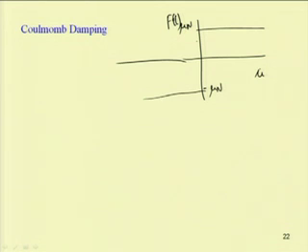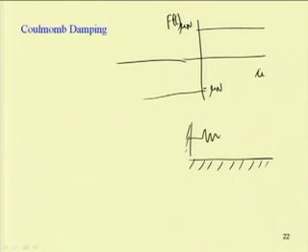So, by considering a system with Coulomb damping, for example, let us take a simple spring and mass system. In this case this is spring k, and we have Coulomb damping between these two surfaces.